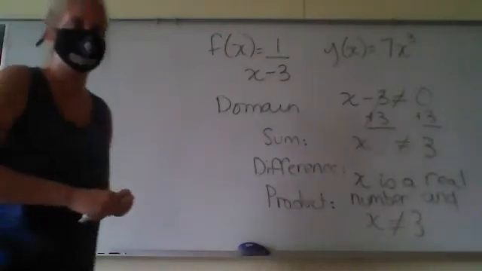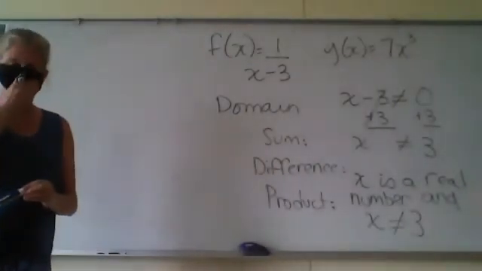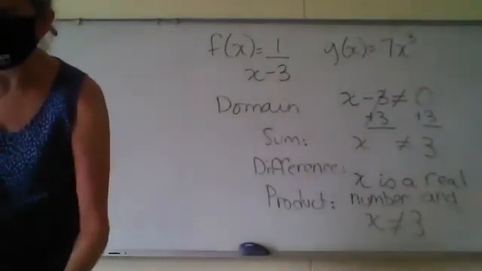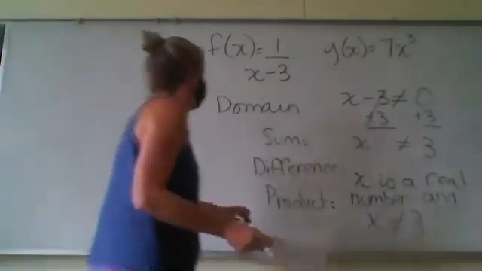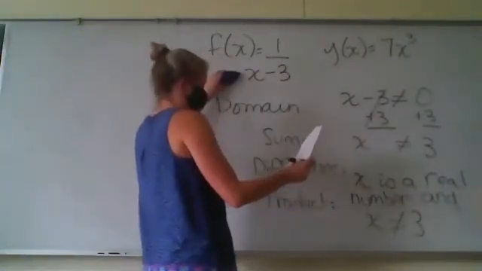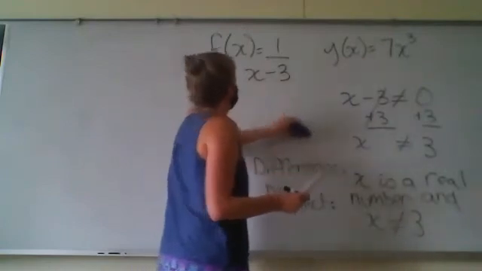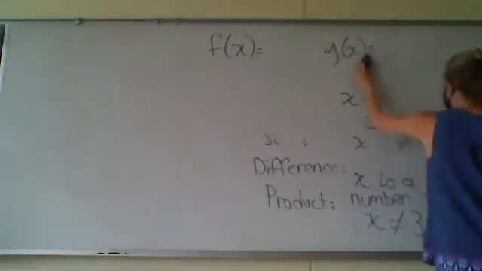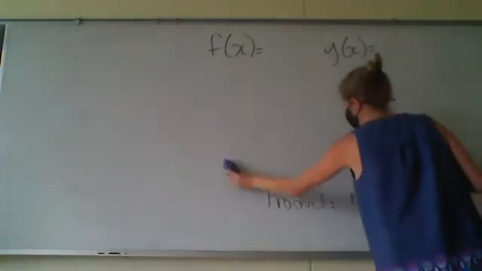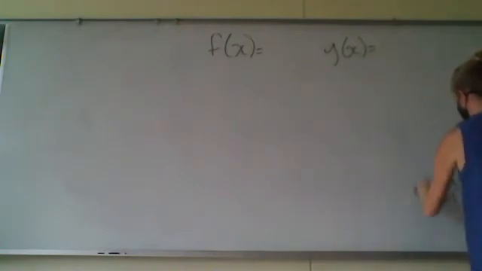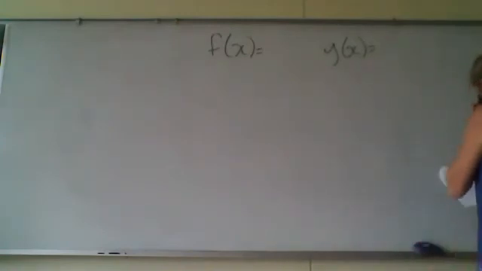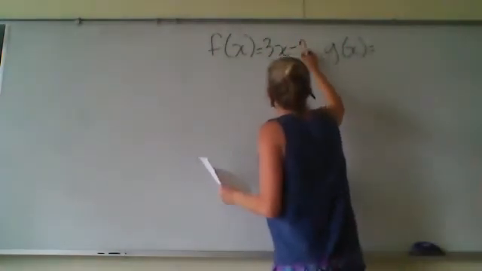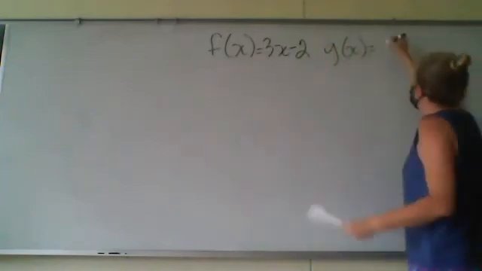All right, any questions on that? All right, last one of this section, and then we're going to do the first 3 problems in 9.1. All right, f of x is 3x minus 2. G of x is 2x minus 14.